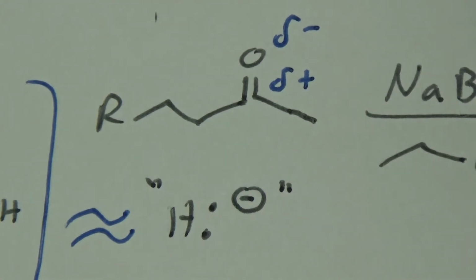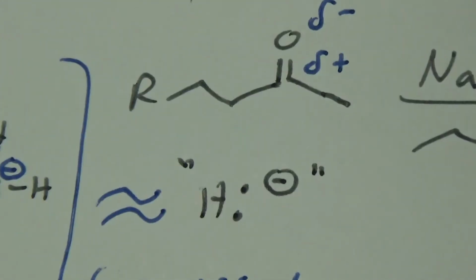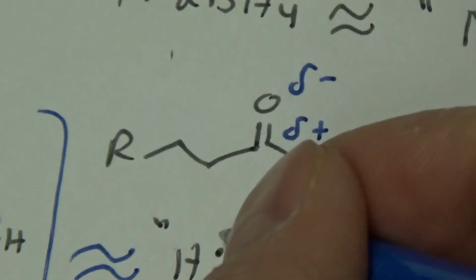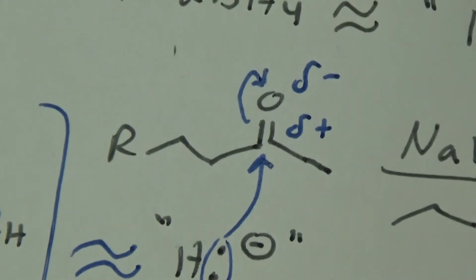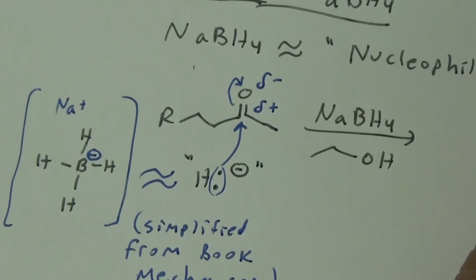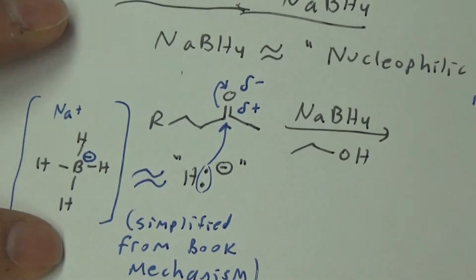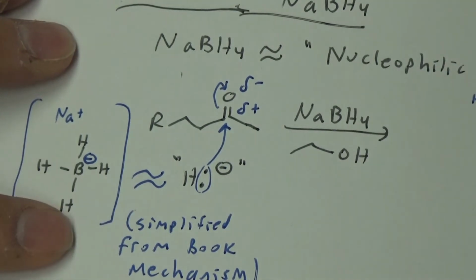As a nucleophile, it's going to attack it. So circle it, attack it, electrons go up. We just did the reduction. That was the reduction.